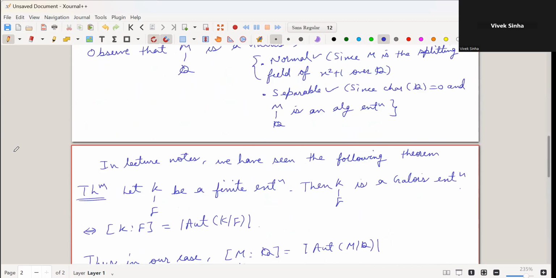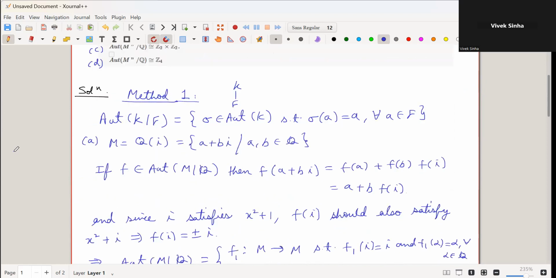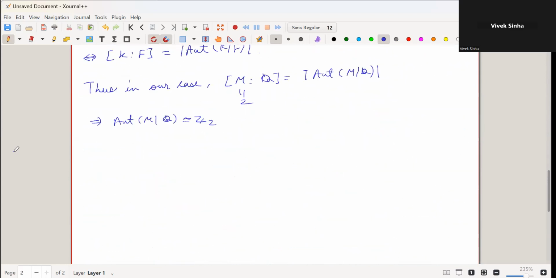Let me just give them some letters: let's say this is A, this is B, this is C, and this is D. So this is the B part, M dash over Q. Now can you say what this group is?